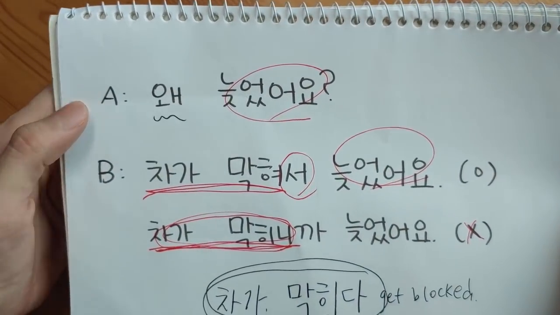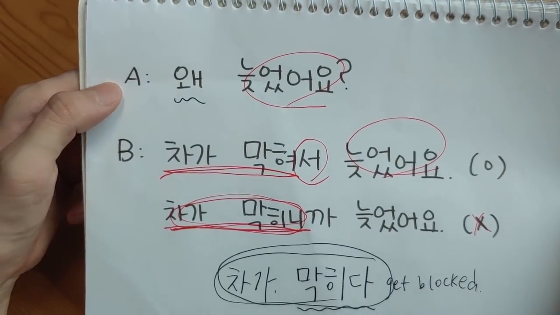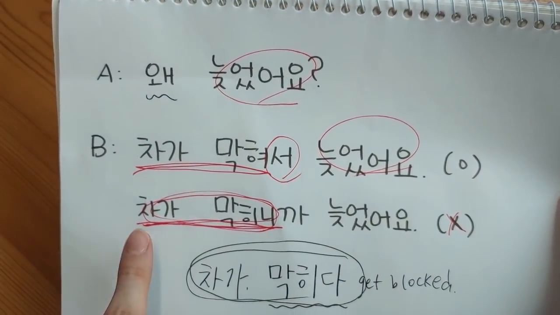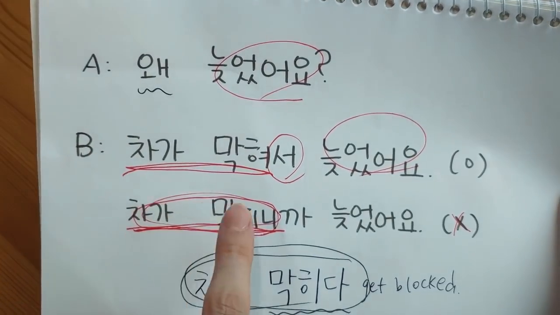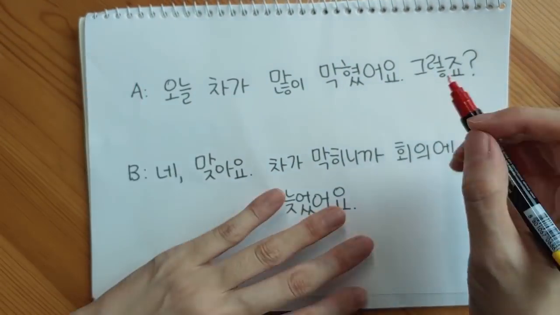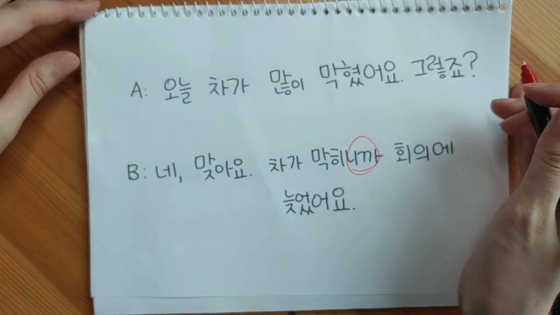But A is asking B because she has no idea why he's late, right? So in this case, you have to go with the general reason, and that's why 서 sounds more natural and safe. But in these kinds of contexts, 니까 can be used.